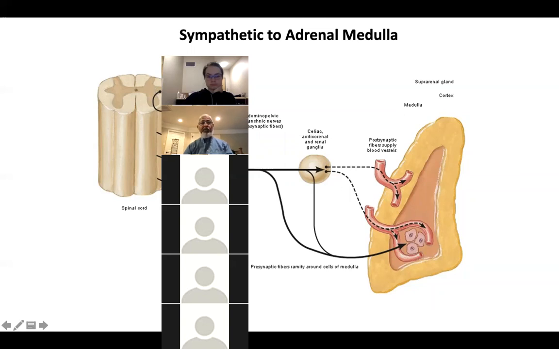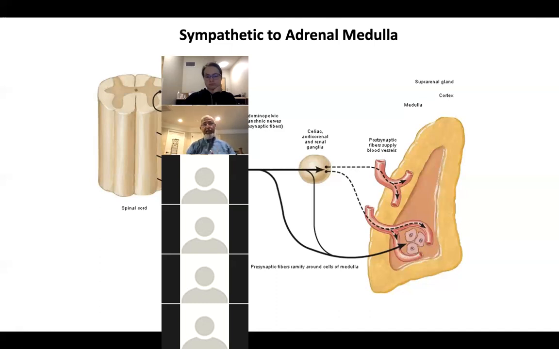Or look at this: these fibers cross these ganglia without synapsing, and then they can synapse in the pre-aortic ganglia, the ganglia I showed in the last slide. Or they come to the ganglia but leave without synapsing, and they go to the adrenal medulla. The adrenal medulla will secrete norepinephrine and epinephrine, which travel in the blood vessels and are carried to all the effector organs.